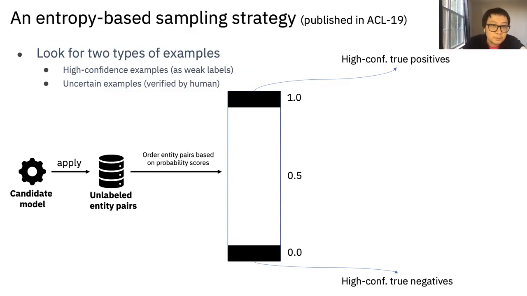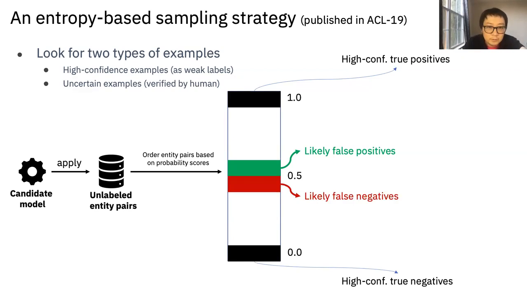For uncertain examples, we first look for examples whose probability score is just above 50%. Since it's above 50%, the model will label them as positive. But because they are close to the threshold, it's likely that they are incorrect. That's why we call them likely false positives.